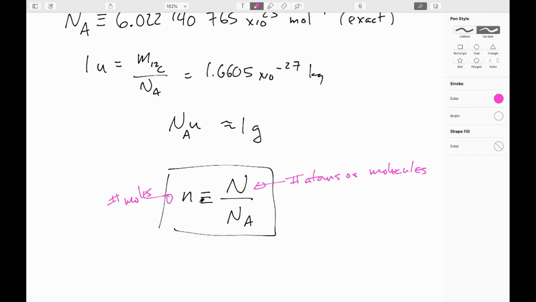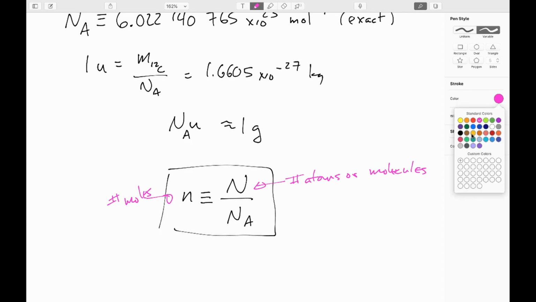So n is N divided by N_A. That's, at least for me, the easy way to remember it. The other thing is that the number of particles is going to be a very large number in pretty much any situation, and the corresponding number of moles will be a small number. So big N goes to the big number, small n goes to the small number.